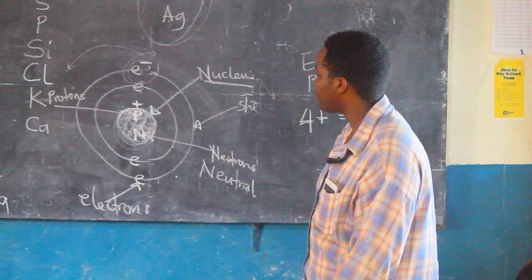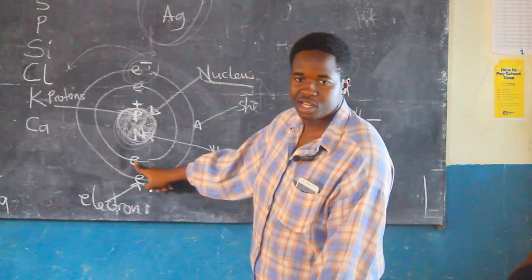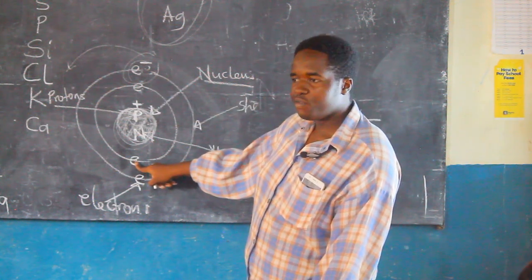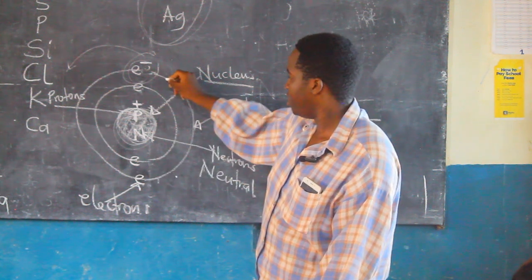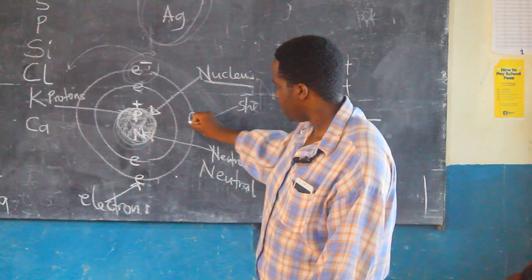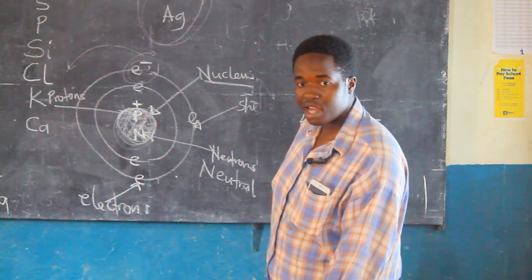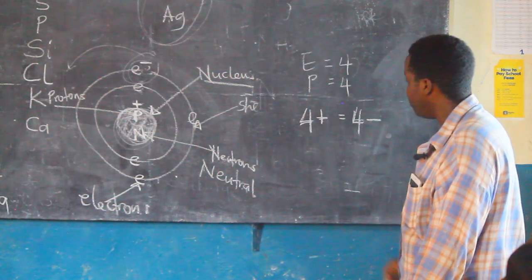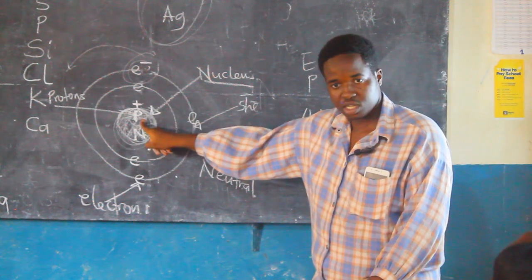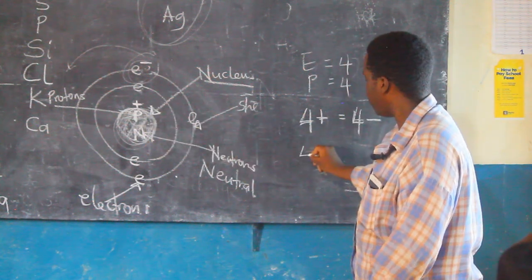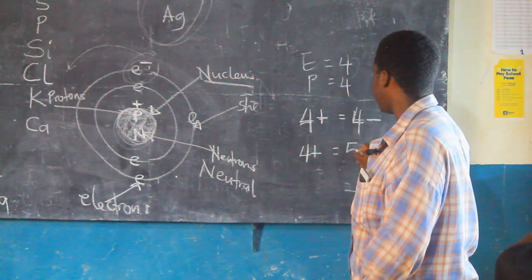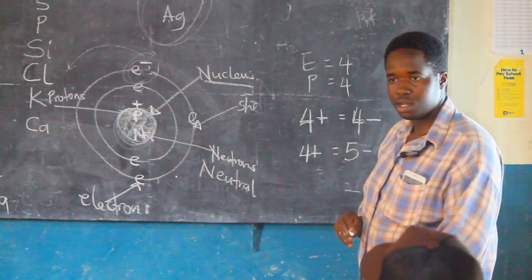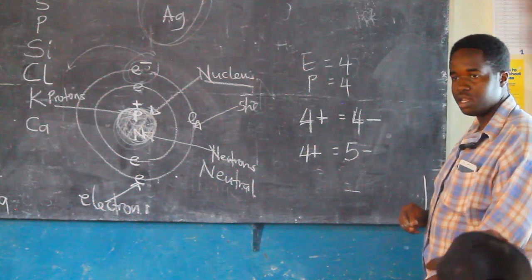For example, here we have 4 electrons. What if we have an atom donating an electron? Then they become, that means, remember, the protons don't change. We are going to remain with 4 positives, then you have 5 negative charges, isn't it?